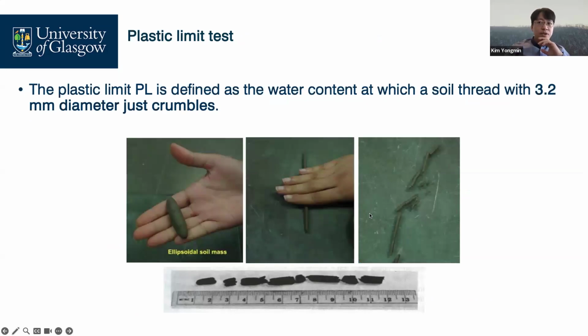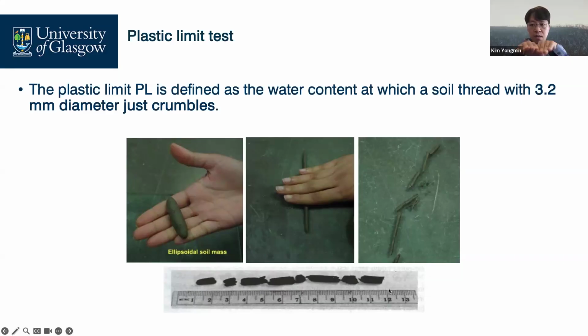Then when it comes to the plastic limit test, it is also an empirical test. The plastic limit is determined by rolling a small clay sample into threads and finding the water content when threads approximately 3 mm in diameter start to crumble like this.